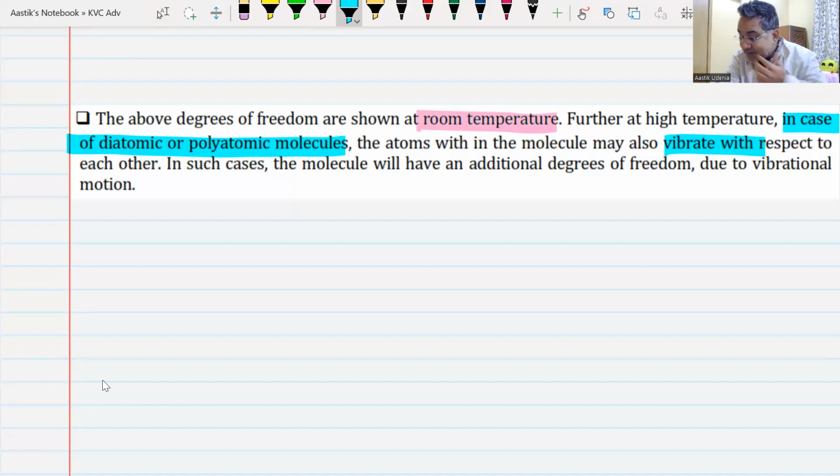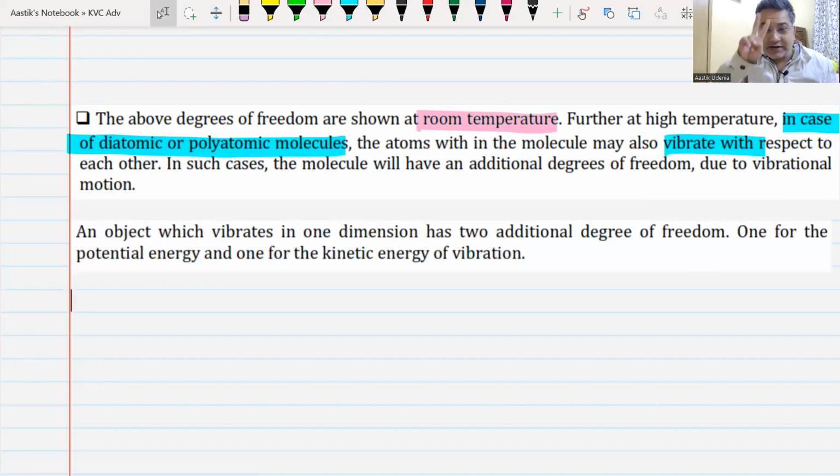Do we understand this? Yes, sir. For each degree of vibration, for vibration in one dimension, 2 terms would be added. Yes, sir.